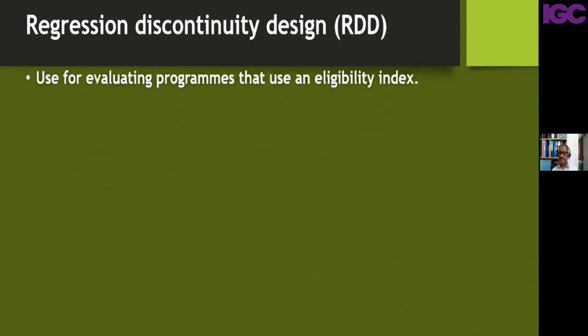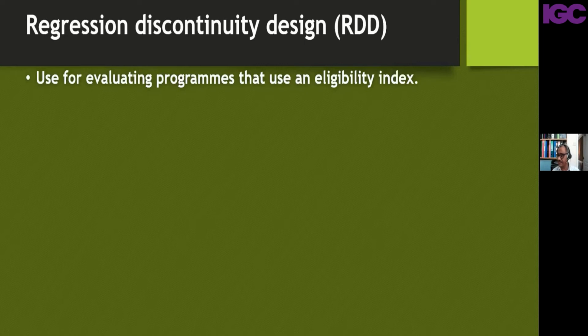This is quite a powerful method when you have the required data, but it is used for evaluating programs where you have a clearly specified eligibility threshold or index. That is, those who are below a certain threshold are eligible for the program, and those above it are not.